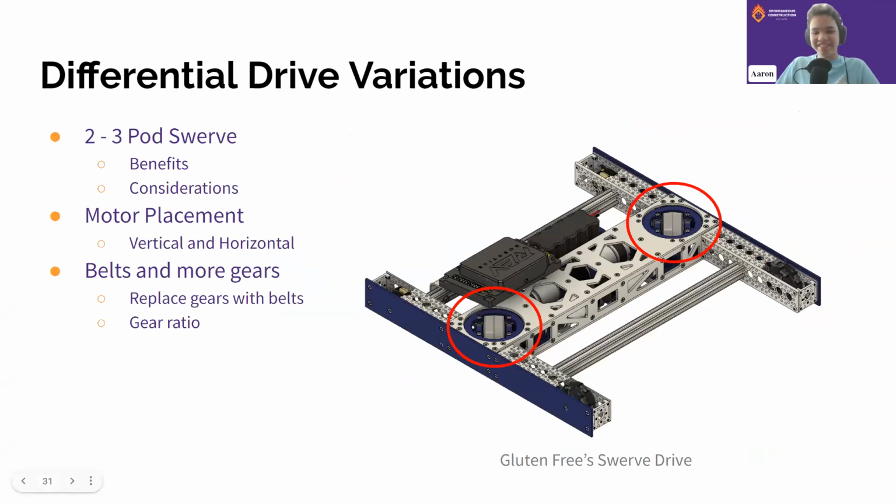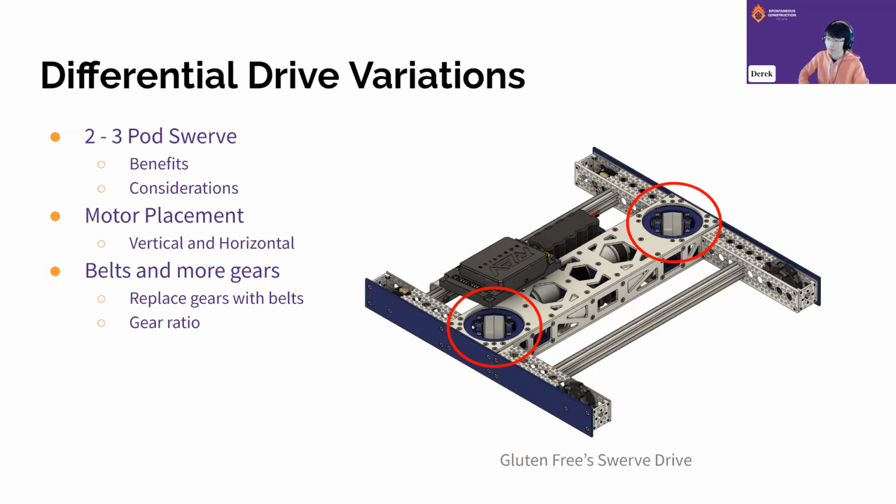Okay. So because in this game there are ground junctions, the robot has to climb or overcome them. With gluten-free's 2 swerve design, if a corner gets lifted, that means that one of the swerve modules will not make any contact with the floor, and you're basically stranded on the field.